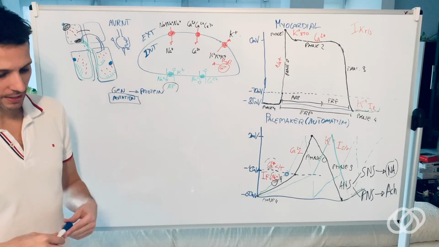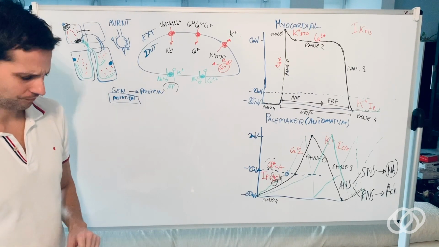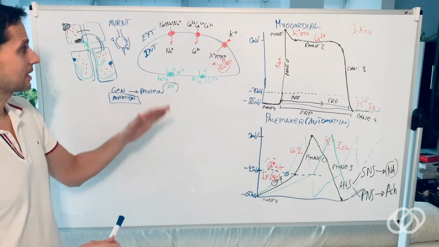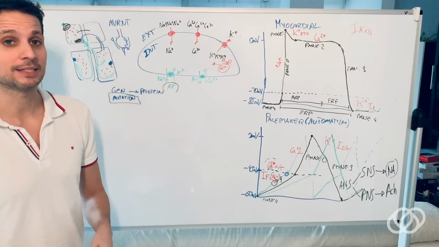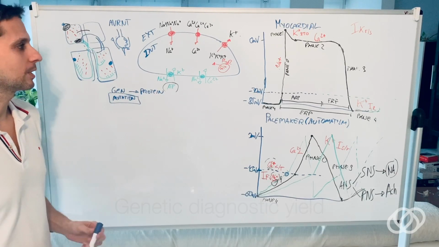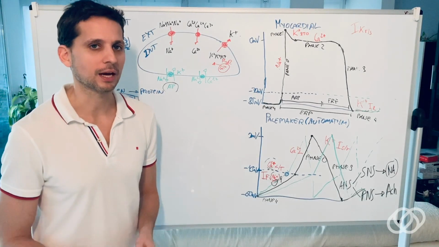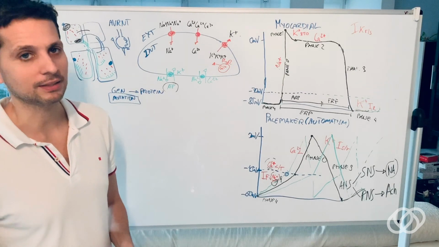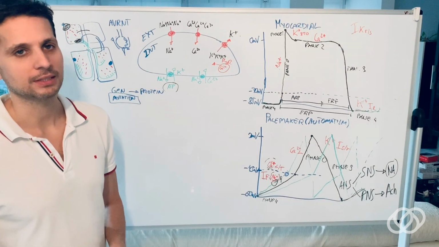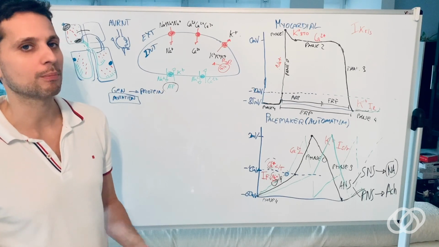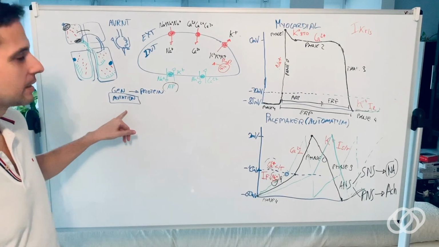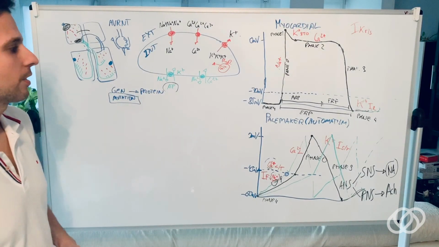So different channelopathies have different genetic diagnostic yield. We are going to have some channelopathies that have high genetic diagnostic yield, and other ones that are going to have less diagnostic yield, depending on the probability that we are going to have of finding a mutation for them.